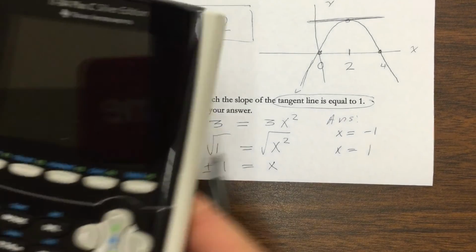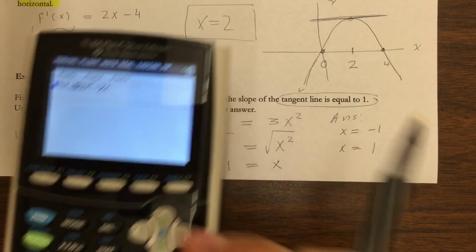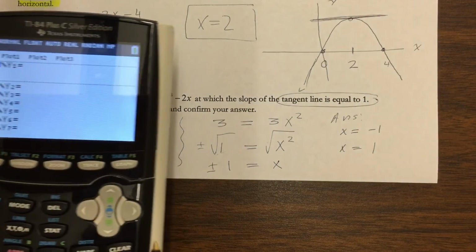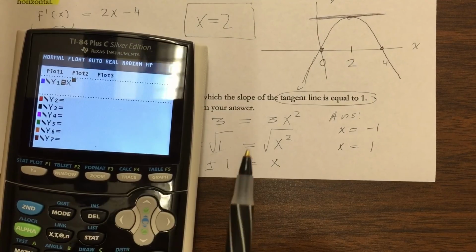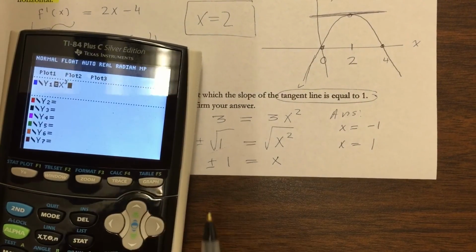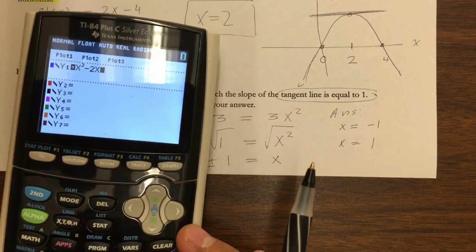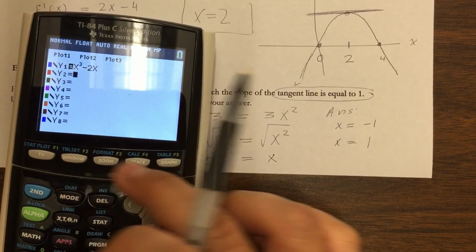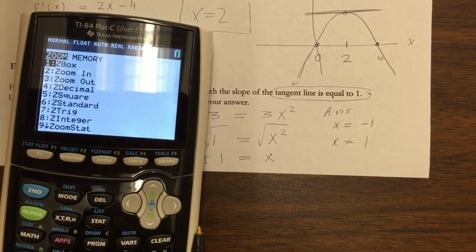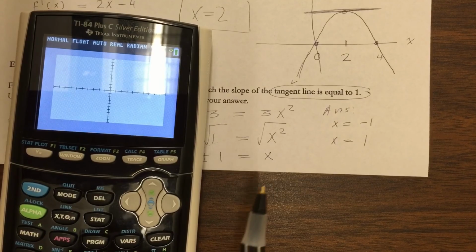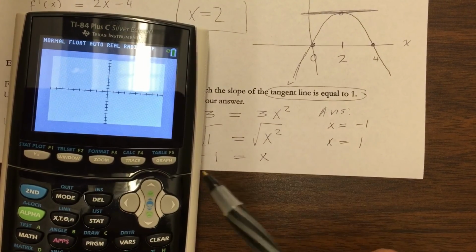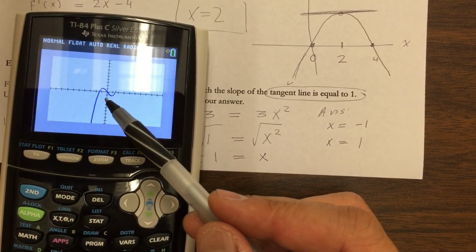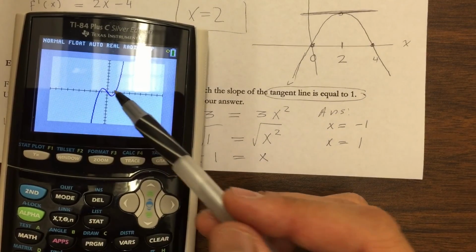We can also use a calculator to confirm our findings. So x cubed minus 2x, and then we're just going to graph it in the standard window, and I want you to pay attention to -1 and 1.